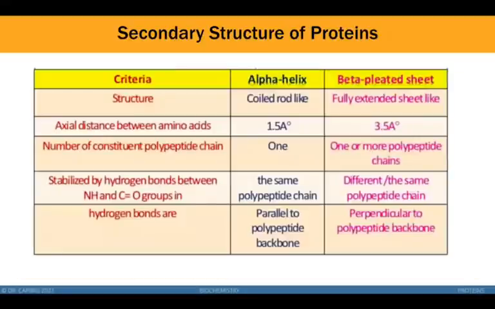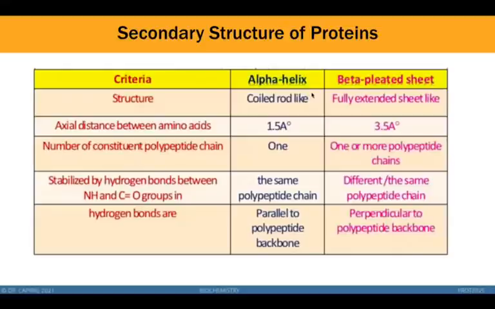Now, this table shows you the difference between alpha and beta structures. When we say alpha helices, their structure is a coiled rod-like shape. Beta pleated sheets are fully extended sheet-like or flat-like structures. The axial distance between two amino acids for alpha helices is 1.5 Angstrom, while in beta pleated sheets, it's 3.5 Angstrom. The number of constituent polypeptide chains is usually 1 in alpha helices.